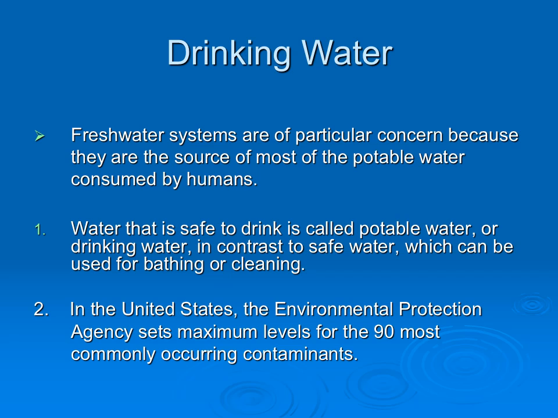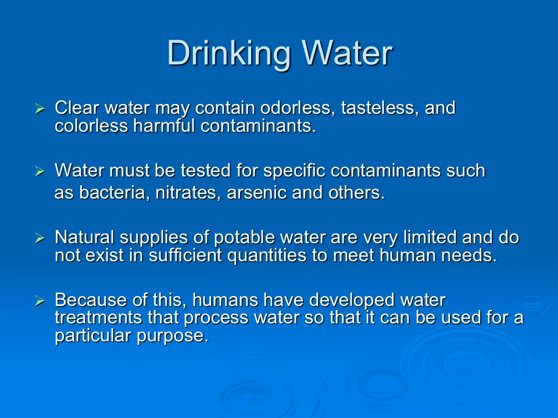Our water is definitely contaminated with lots of different things. However, we have levels. We know because of the EPA how much our bodies can handle as humans of different types of contaminants. Without that, our drinking water would be much more unsafe than it is.